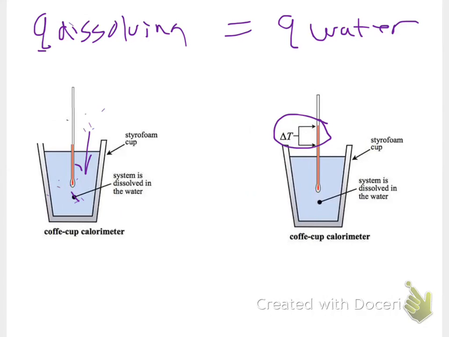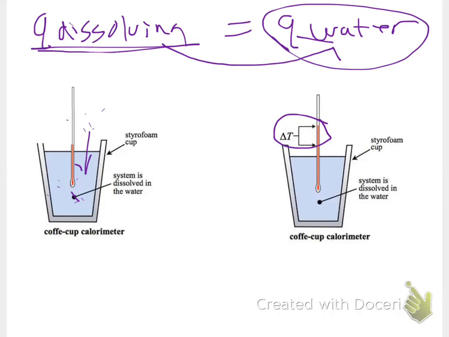Now, if this is exothermic and it's generating heat, the heat will flow from the dissolving process into the water. So by measuring how much heat the water absorbs, we can determine how much heat is generated by the dissolving process. That's the general idea.